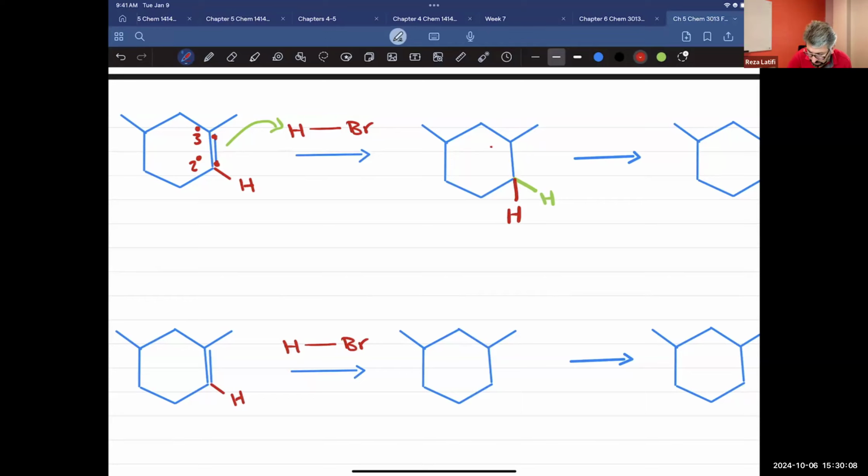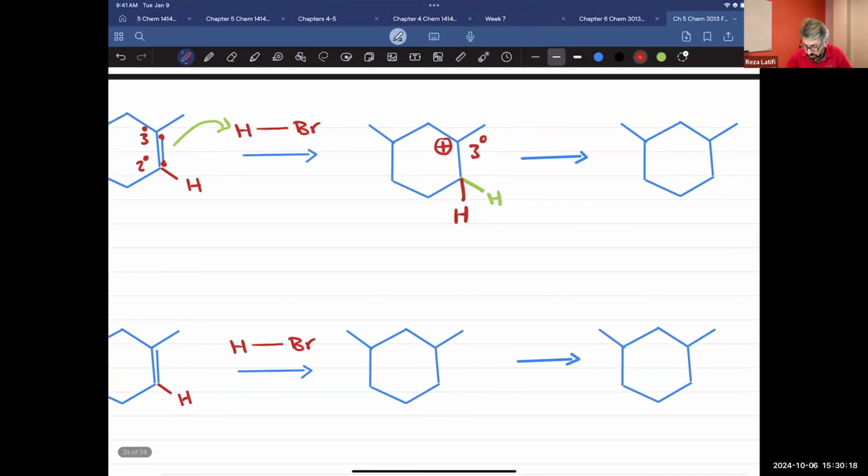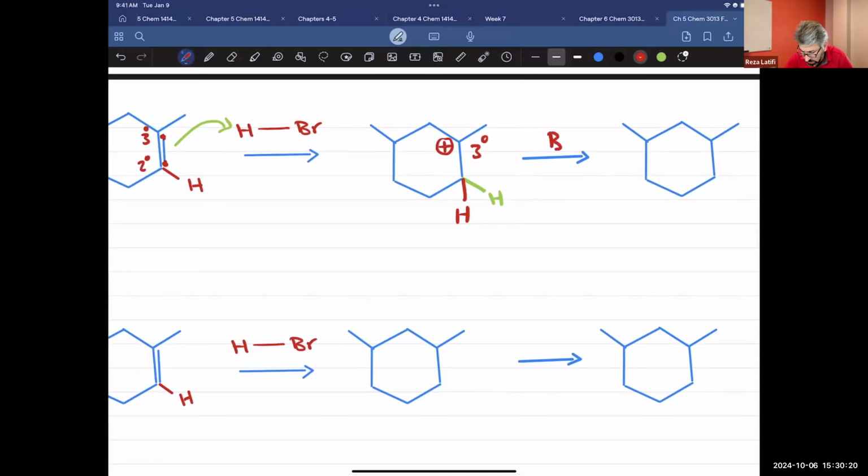Now, what do we get here? We get a positive charge. And what's the order of this carbocation? This carbocation is tertiary. Next step, you have the bromide, which is the nucleophile. Now the nucleophile can attack this carbon, and it will be added there.